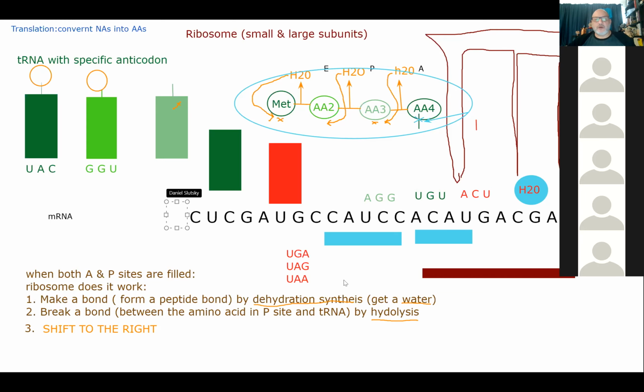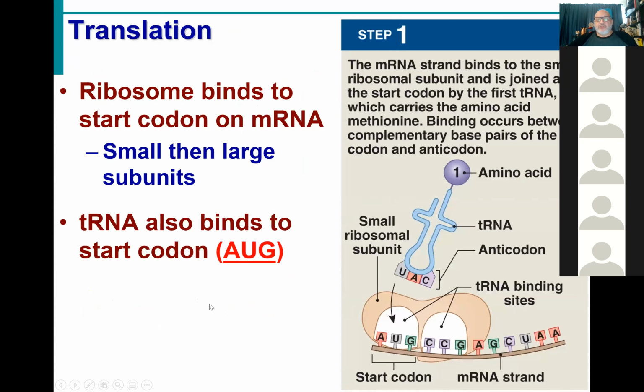All right, so back to the pretty pictures. Four things have to come together: messenger RNA, transfer RNA, the small subunit of the ribosome, and the large subunit of the ribosome. All four of those things come together on the start codon. And again, that start codon tells us which transfer RNA can come in.